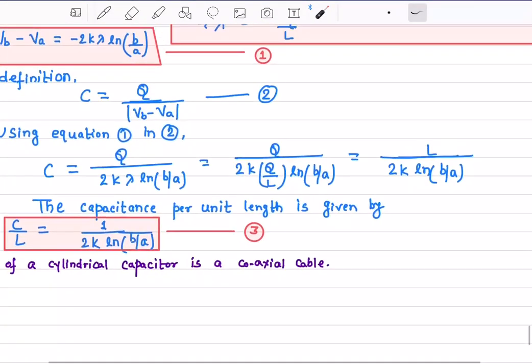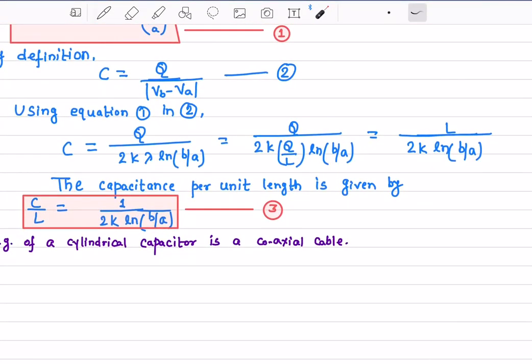And lambda, as I mentioned, is the line charge density. What does the line charge density mean? It means the charge per unit length. So Q, and this VB minus VA is this value here. And here I'm plugging in the value of lambda, which is charge per unit length.